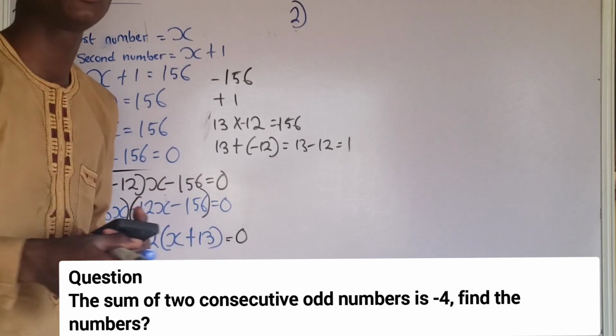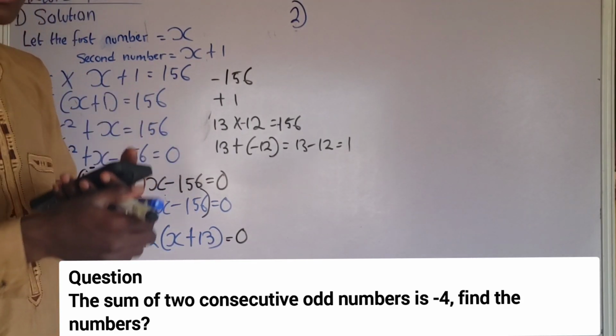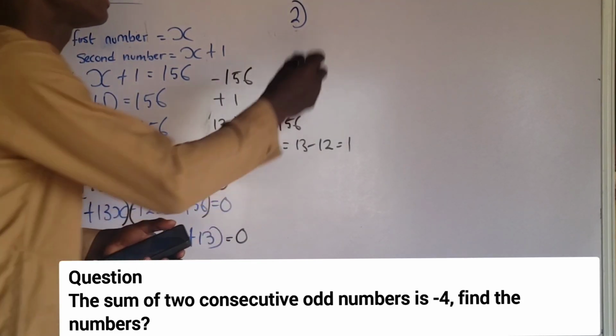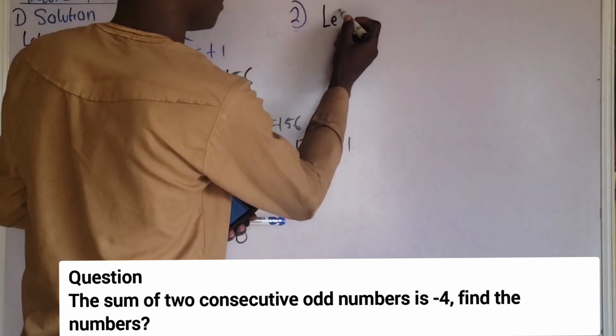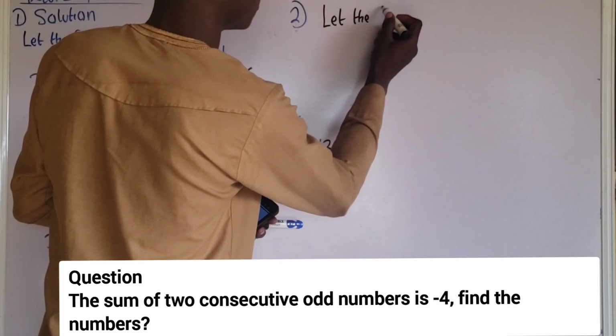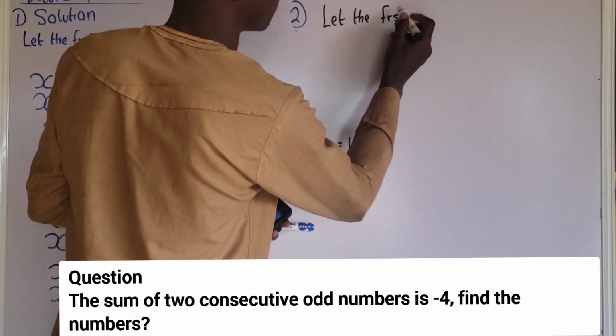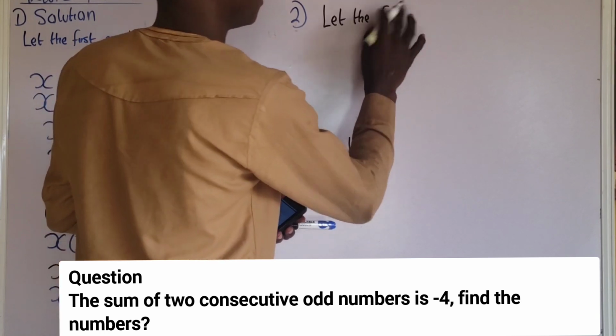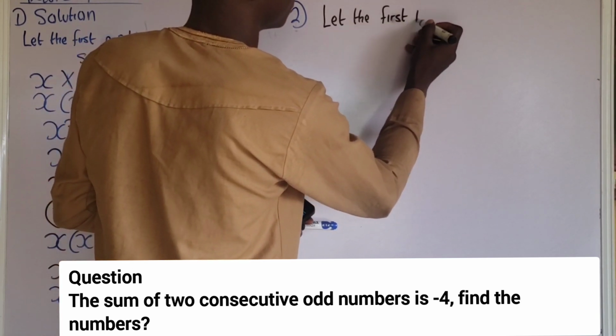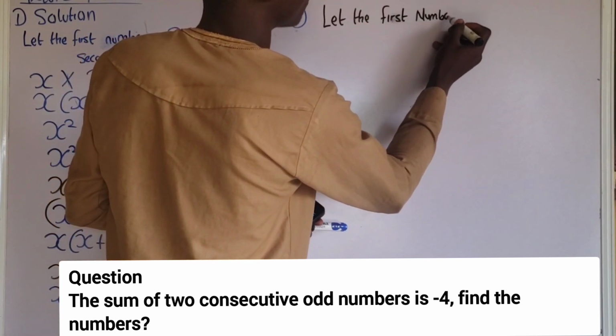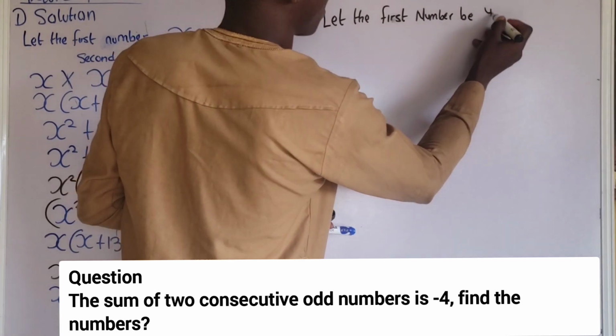So since we don't know the two consecutive odd numbers, we're going to say, let the first number be y. You understand?